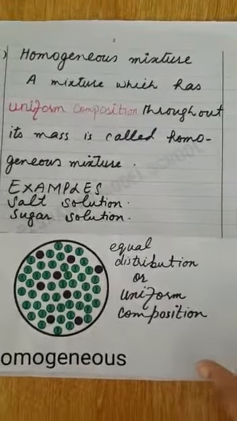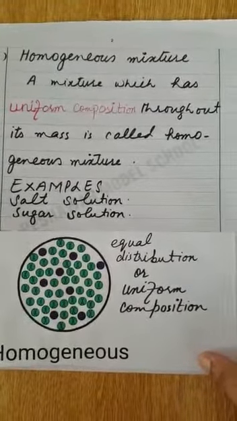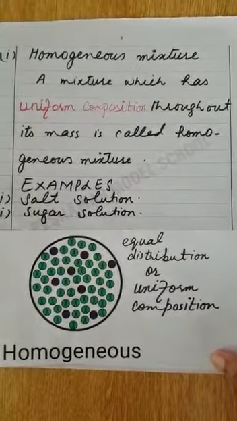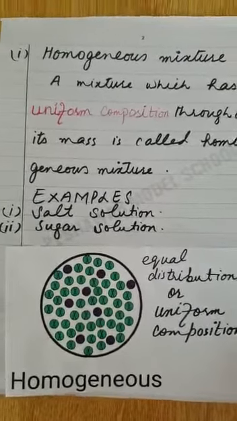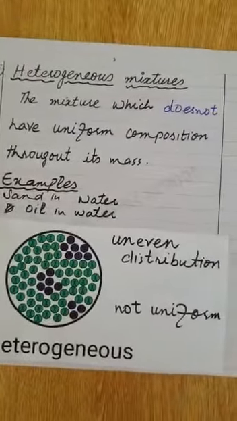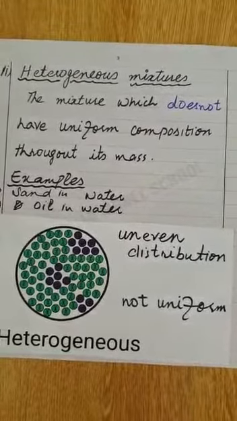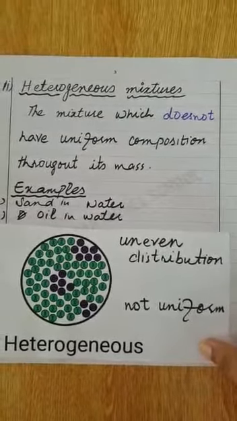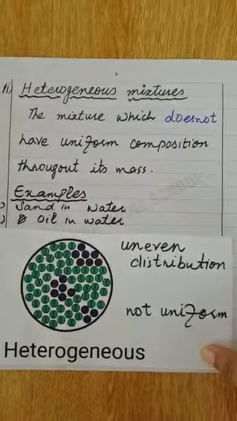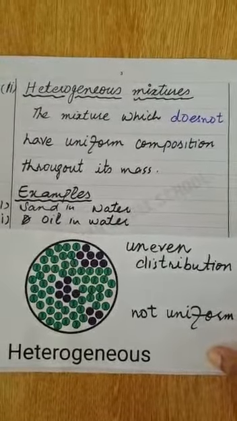Homogeneous mixtures have a uniform composition. Uniform composition means equal distribution of the components with one another. We discussed salt solution and sugar solution. Similarly, a heterogeneous mixture is totally opposite to the homogeneous mixture. A mixture which does not have a uniform composition is known as a heterogeneous mixture.